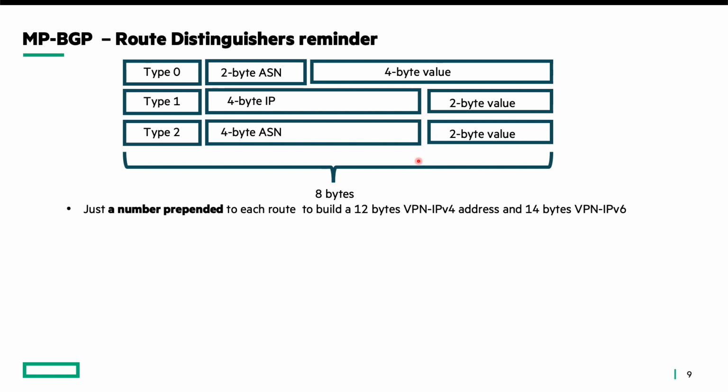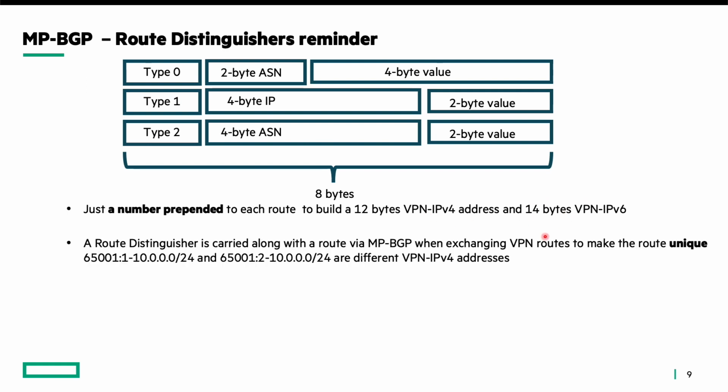It's just a number, but instead of providing routing information for a 4-byte IPv4 address, it will be a 12-byte VPN IPv4 address. The same for IPv6. This route distinguisher is transported in the MP-BGP advertisement to make it unique.